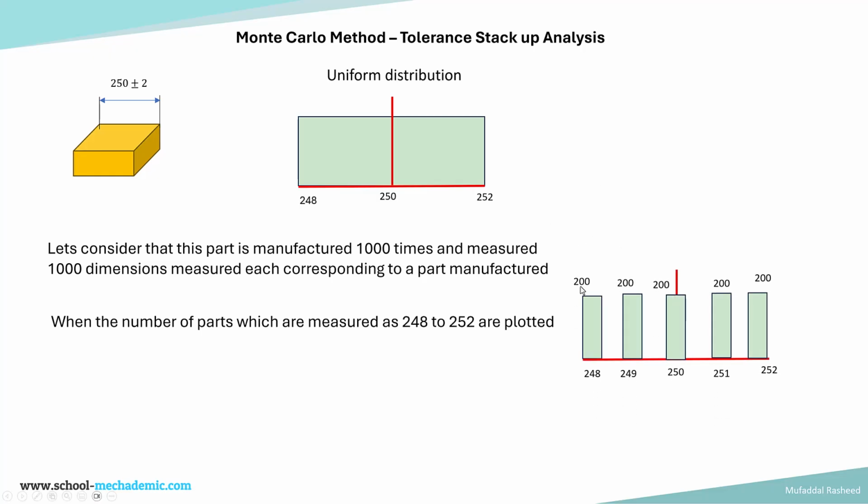So here is a uniform distribution graph. So the parts which are measured at 248 will be the same as parts which are measured at 252. So if they are divided into 5 buckets, then 200, 200, 200, 200, 200 will be there for all of the values which have been measured. So 1000 parts which are manufactured as per this drawing will have this uniform distribution.